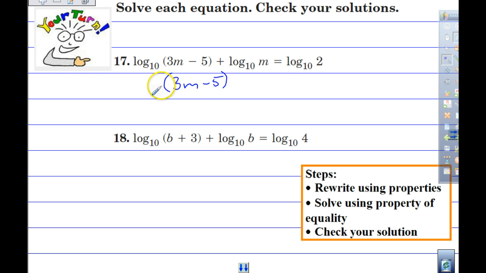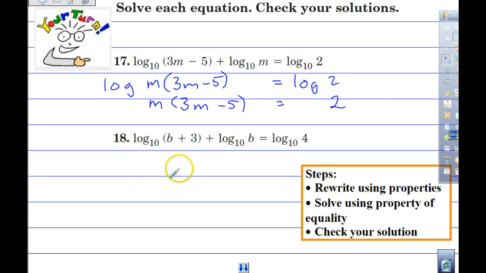It looked like this. And then log on both sides. There's a quadratic to solve, kind of like the solving of the second example. 3m squared minus 5m minus 2 equals 0, and solve. I'll leave that to you to do.